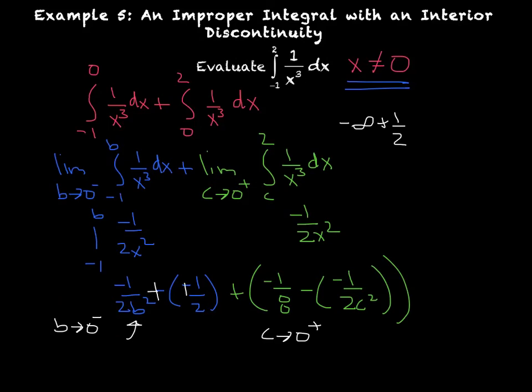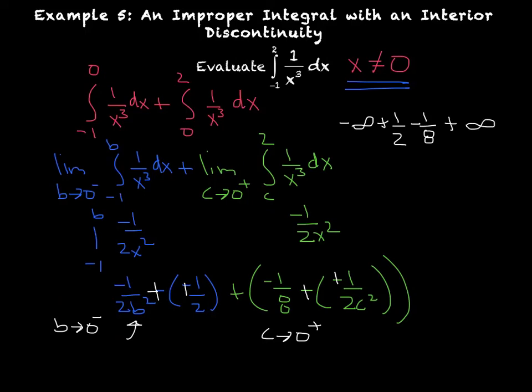And then we have a minus 1/8. And then we're going to let c approach 0. So actually, let's make these both pluses right there. And then we're going to do the same thing. We're going to let c approach 0. So you're going to have 1 over 0, which is once again going to be infinity.